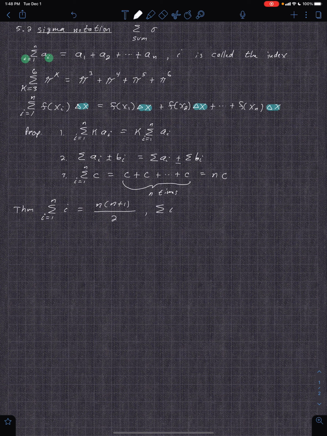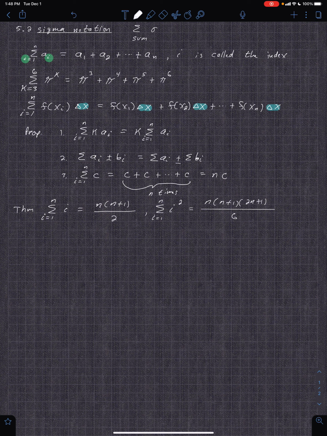Then another one, the sum of i squared, i goes from 1 to n. This one is n times n plus 1 times 2n plus 1, all over 6. I'm just showing you that some of these properties we would have seen in other areas.